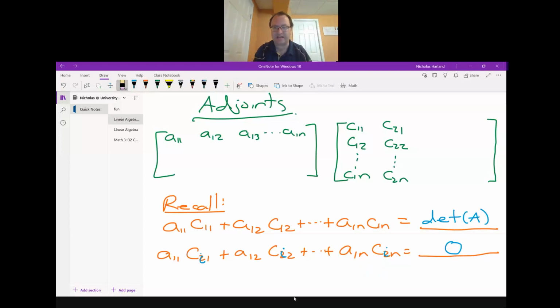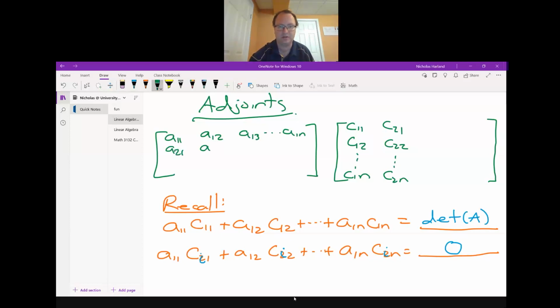So what does this actually give us? Well, if the entries match the cofactors, then we get the determinant. If the entries match the cofactors of a different row or column, we always get 0. So we're going to use this in a way of multiplying these matrices together.